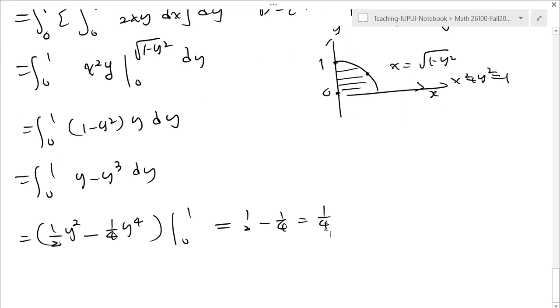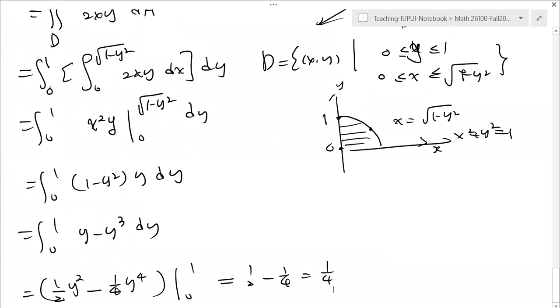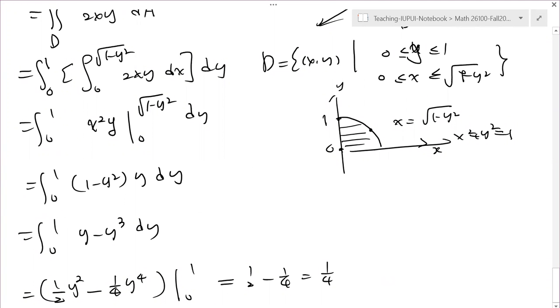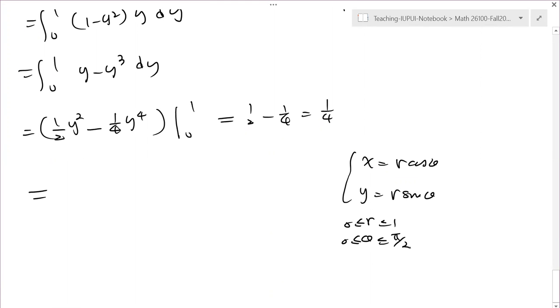If you see this is a portion of the circle, you can use polar coordinates to evaluate the integral. You don't need to go through the iterated integral. Sometimes you cannot do it, it's too complicated, so you can use polar coordinates. x is r cosine theta, y equals r sine theta. r is between 0 and 1, theta is between 0 and pi over 2.